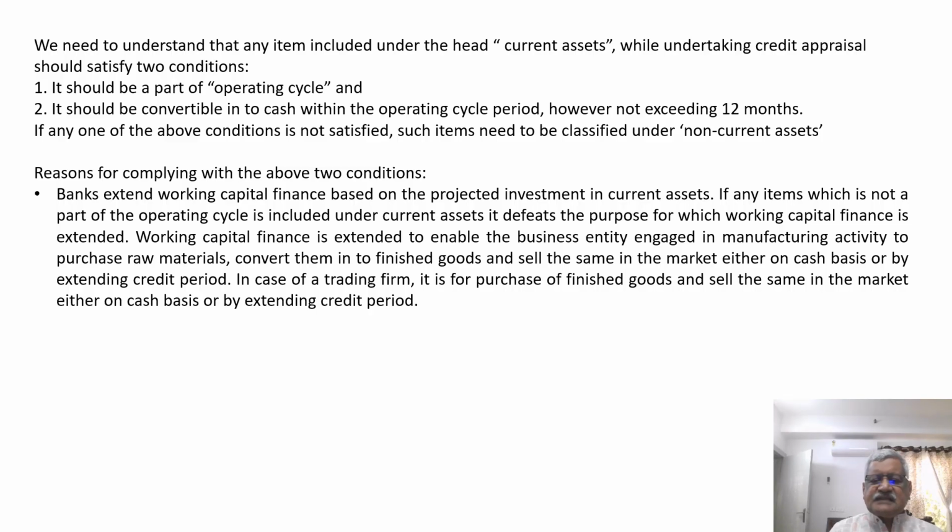Working capital finance is extended to enable the business entity engaged in manufacturing activity to purchase raw materials, convert them into finished goods, and sell the same in the market either on cash basis or by extending credit period. In case of a trading firm, it is for the purchase of finished goods and selling the same in the market either on cash basis or by extending credit period.